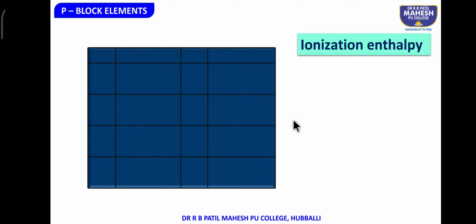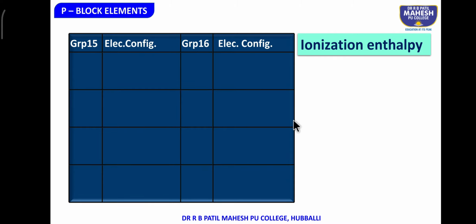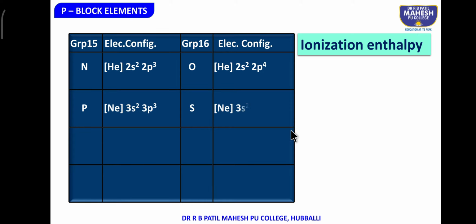But students, one interesting point you have to note down. We know that in a period from left to right, ionization enthalpy increases. It is because of the decrease in size and increase in effective nuclear charge. But group 16 elements have lower ionization enthalpy than group 15 elements in the corresponding period.